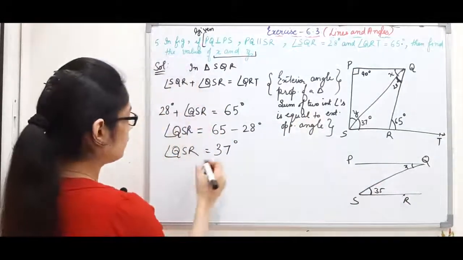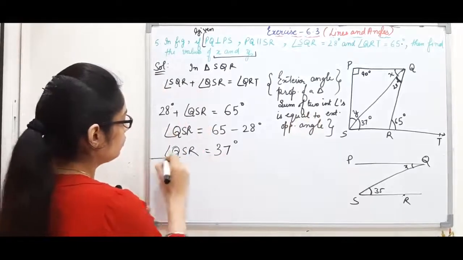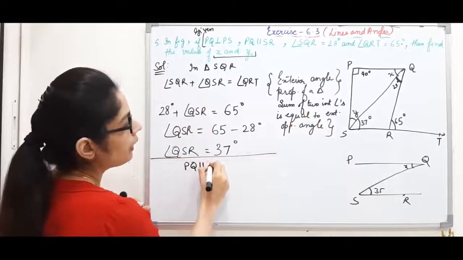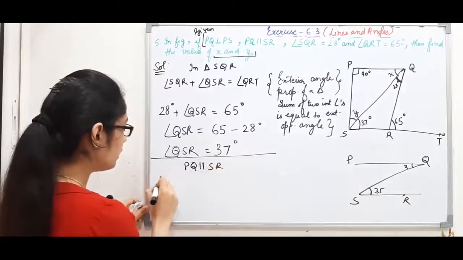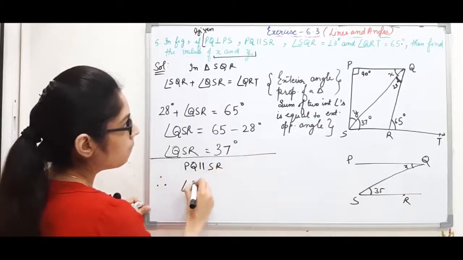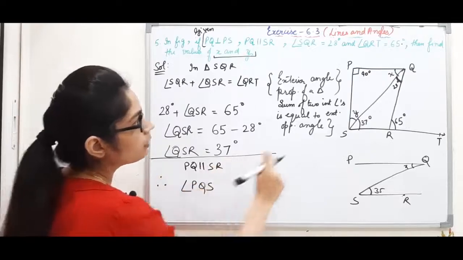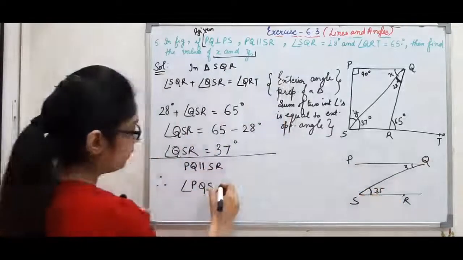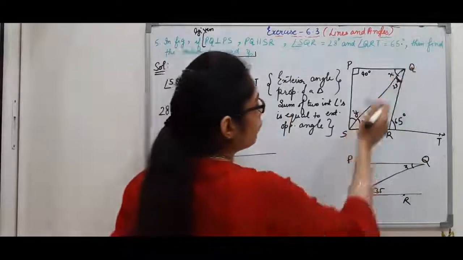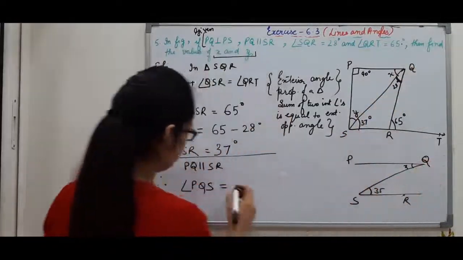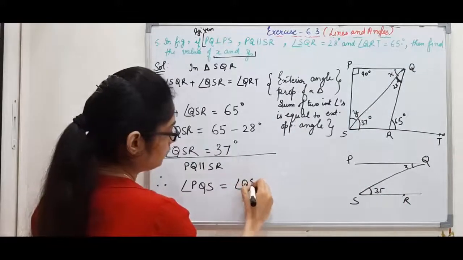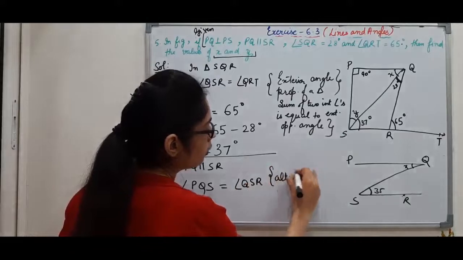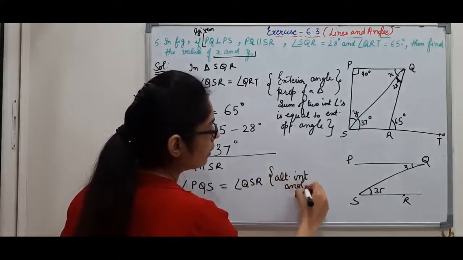So here we can mention, PQ is parallel to SR, which is already given to us. Therefore angle PQS is equal to angle QSR, alternate interior angles, because alternate interior angles are equal to each other.